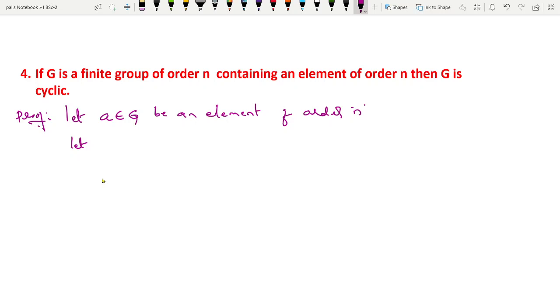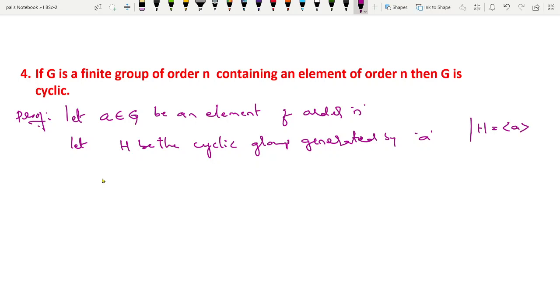So that is H. Let H be the cyclic group generated by an element A. So H is generated by an element A.